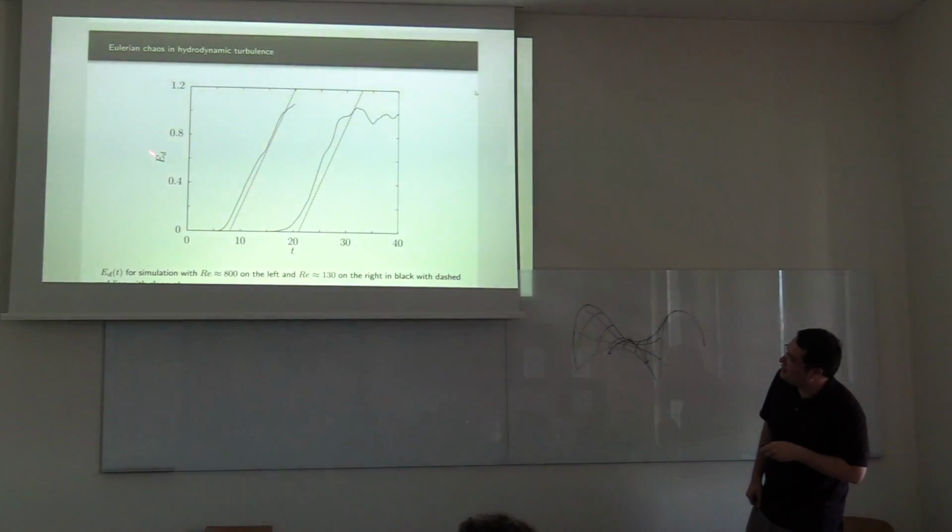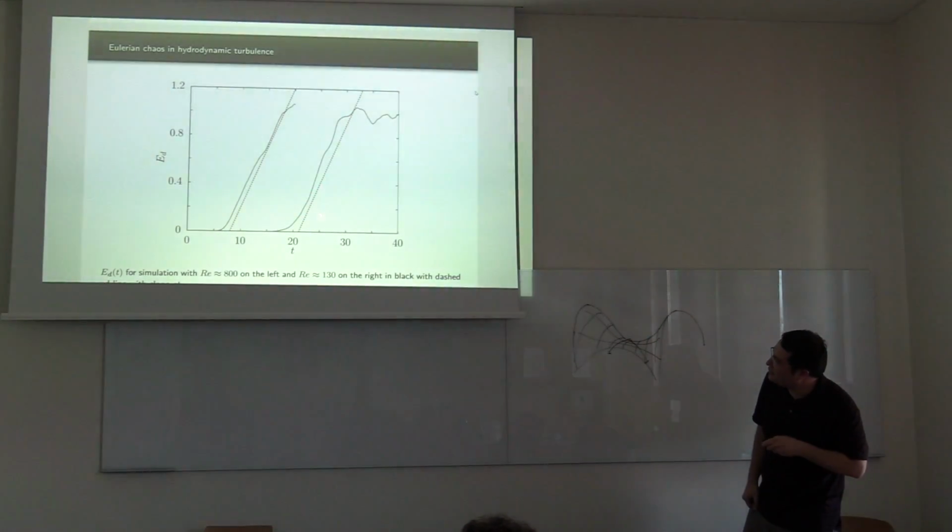And we looked at the late linear time. So this is the error with time, and these are 2 different simulations. And this dashed line is proportional to the dissipation rate times time. So you see that this late error growth is captured in our data. This could just be a coincidence that we picked the right dissipation number.